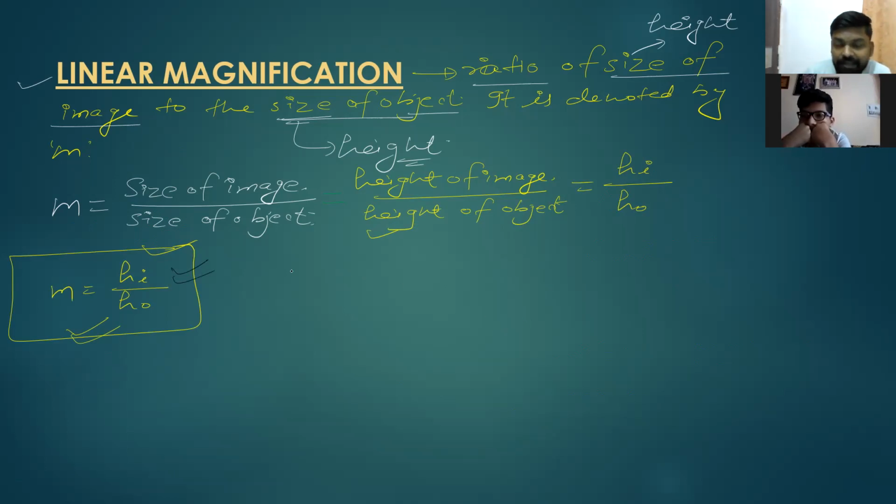Okay, and there is one more formula: m is equal to minus V upon U. Now, what is V? Can you tell me about V?